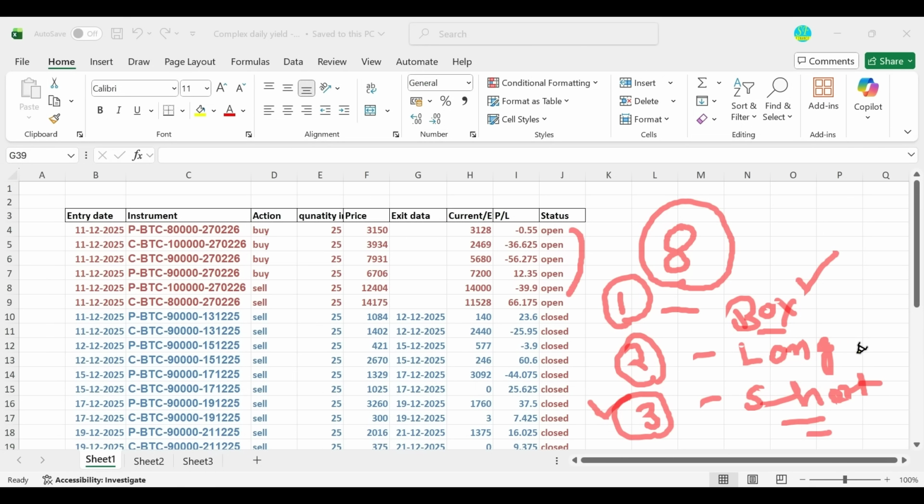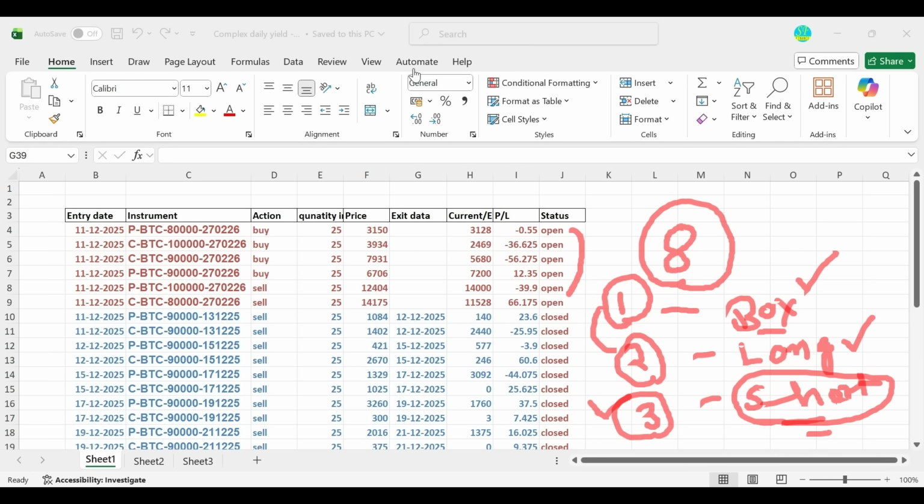The box spread and the long straddle or strangle are the protectors. If the short straddle goes wrong, or there is a huge movement, which is always visible in the crypto domain, then these two will protect us. We should not land in loss. That should be our aim. So these three strategies combined together form your complex daily yield strategy.